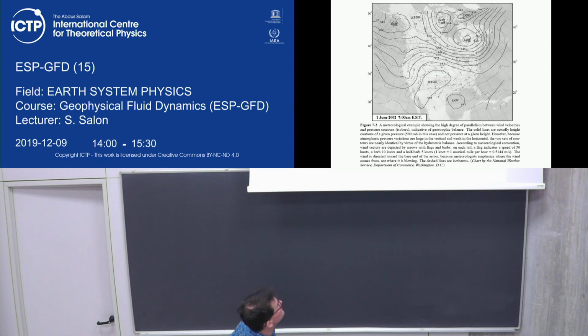They are non-divergent on the F-plane, and the solution is quite simple. In the northern hemisphere, flow rotates, leaving on the right the high pressure and on the left the low pressure. So this is the example that we saw last time.